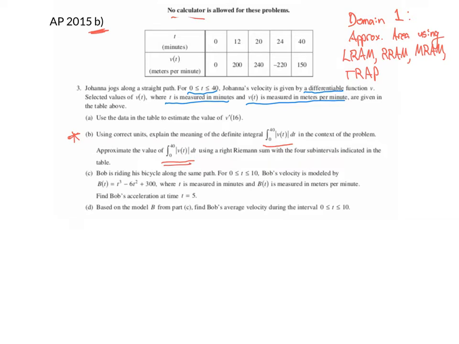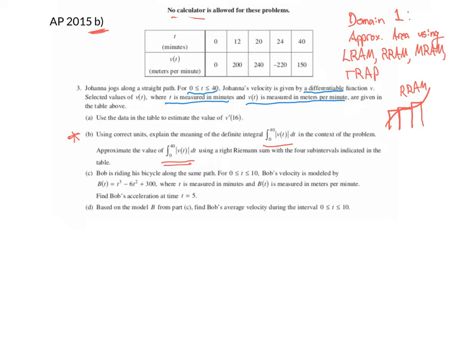So a right Riemann sum, if you remember, is if we have a curve like this and we split some rectangles up underneath it, the height of our rectangle is determined by the right side of that rectangle. So in each rectangle we have a certain width and a certain height, and for right Riemann sums, the right-hand side of the rectangle determines the height.